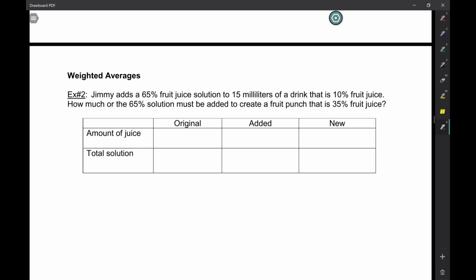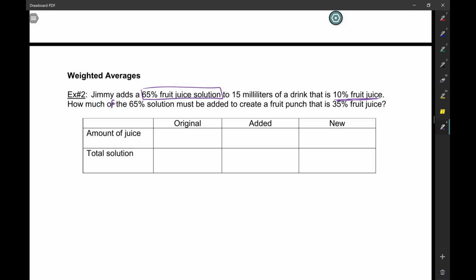So Jimmy adds a 65% fruit juice solution to 15 milliliters of a drink that is 10% fruit juice. How much of the 65% solution must be added to create a fruit punch that is 35% fruit juice?